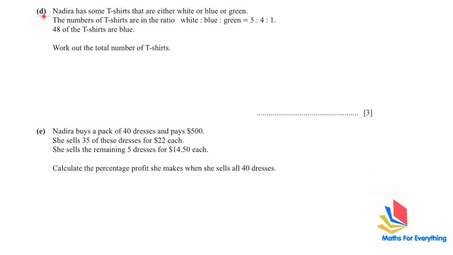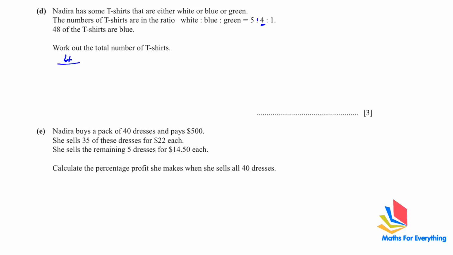Part D. Nadira has some t-shirts that are either white or blue or green. The number of t-shirts are in the ratio white, blue, green, 5:4:1. 48 of the t-shirts are blue. Work out the total number of t-shirts. So the total number of t-shirts we don't know, but we know that 4 parts of the ratio are for blue.